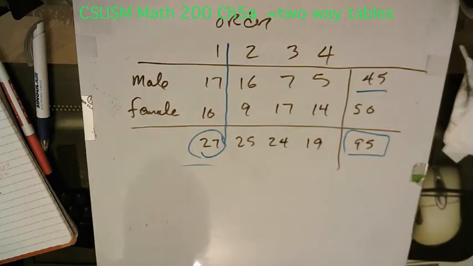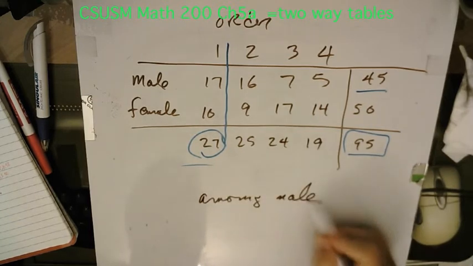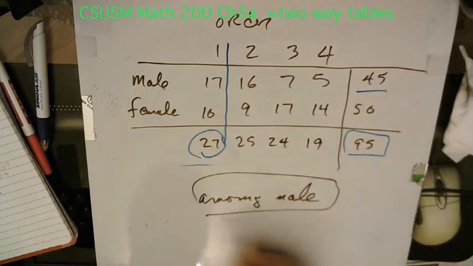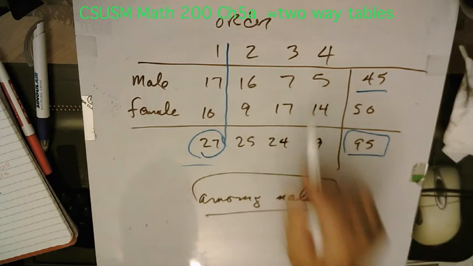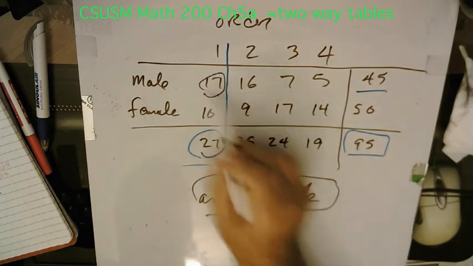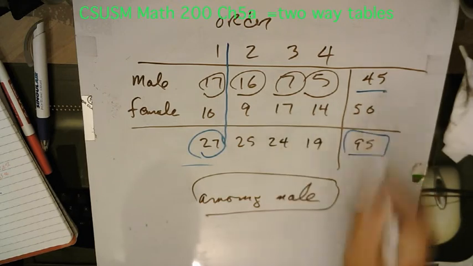In problem 21, it says, give the conditional distribution of egg order among males. The 'among males' is your given statement. Given that they are males, what is the conditional distribution of each of the egg orders? So we're going to take each of these values relative to the total of that row.